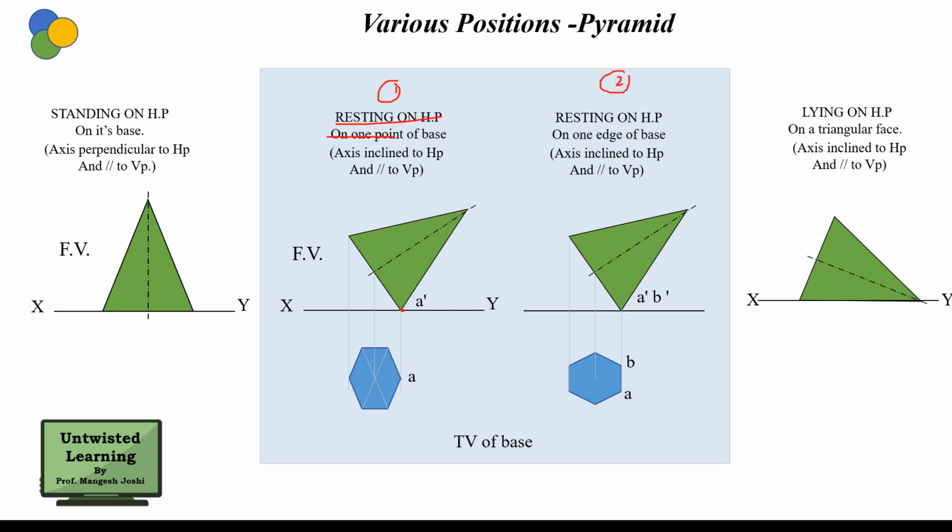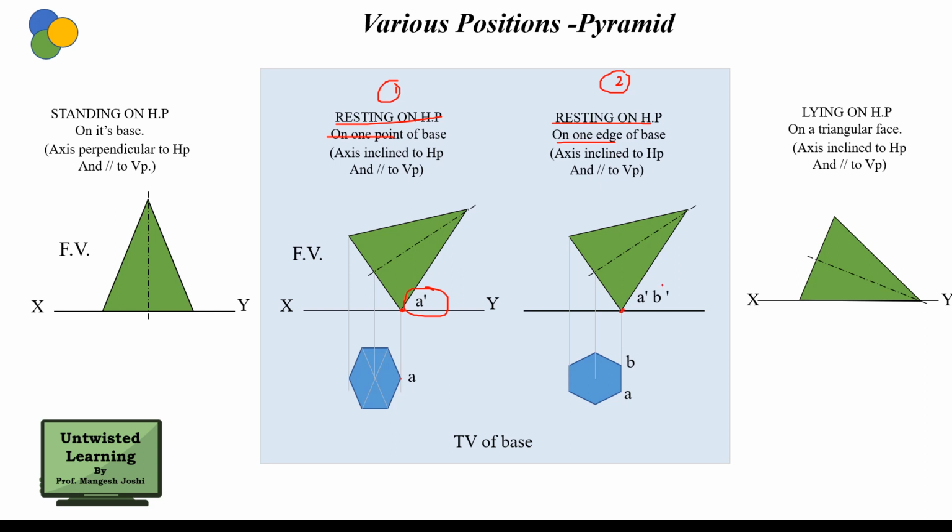This is the second, resting on HP on one edge of base. You can see whenever the condition is given like it is resting on only one point, it means on XY you must have only one point. But if the condition is like a solid is resting on HP on an edge, you know that an edge means 2 points.